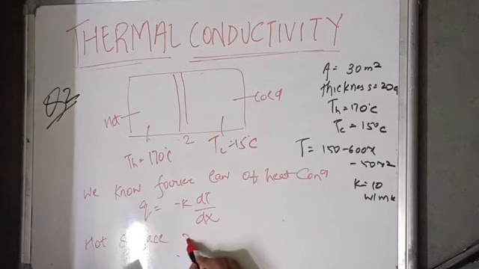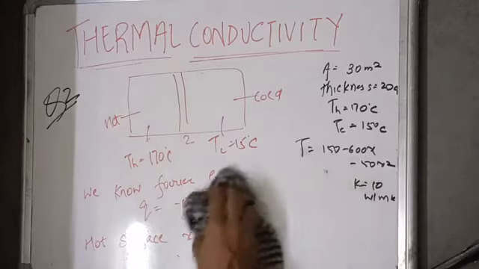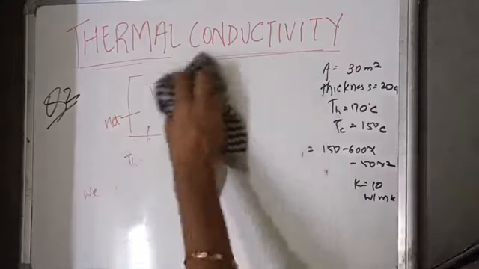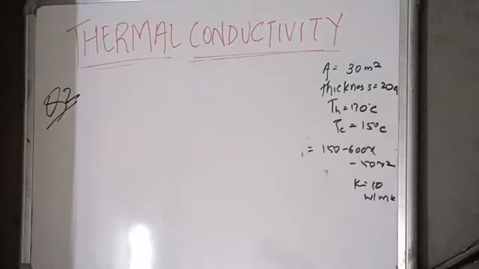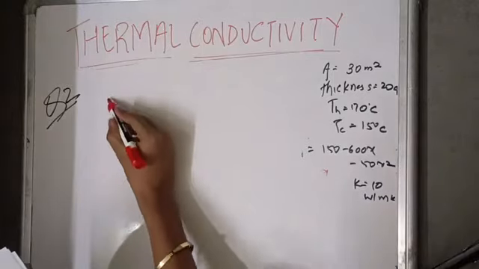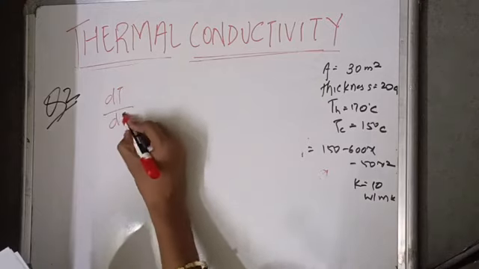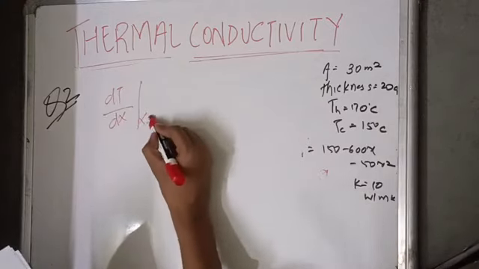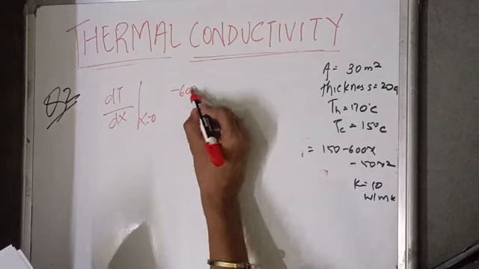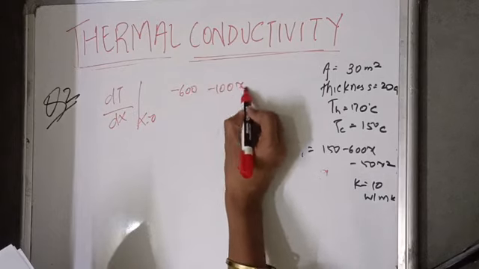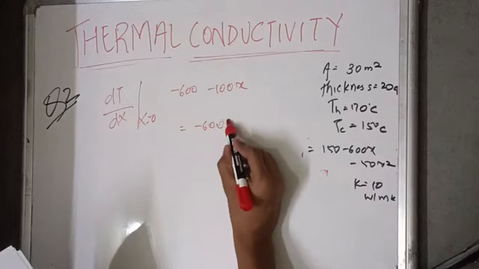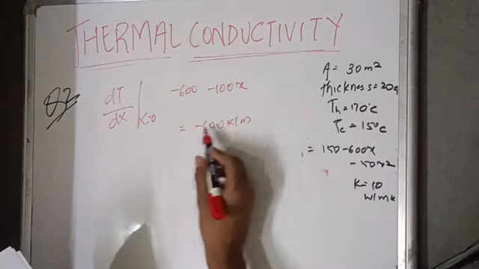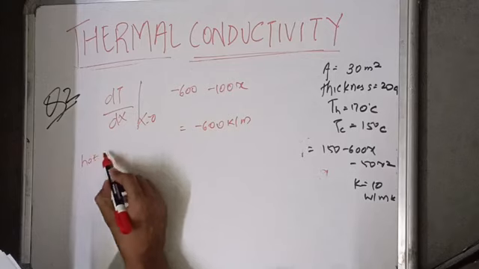Hot surface means at x equals 0. At x equals 0, we have to find the dT by dx. We got minus 600 minus 100x at x equals 0. We got the value as 600 Kelvin per meter.